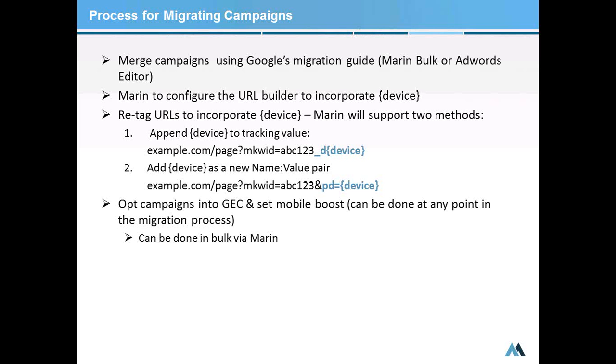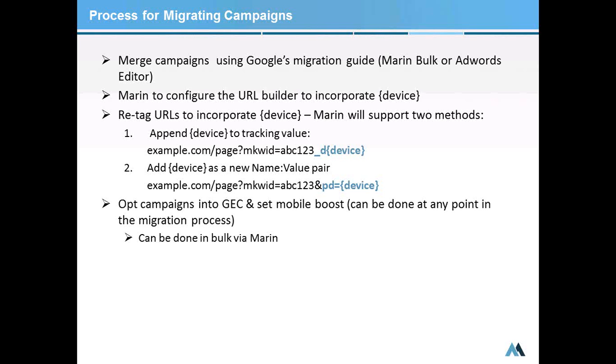For example, if your URL was example.com/page and then mQuid equals abc123, you can add _d and then curly brackets device. There are two choices for this delimiter. We call _d a delimiter because it lets our system know that, okay, after this _d, the mQuid actually finishes, and I'm looking for the device information.